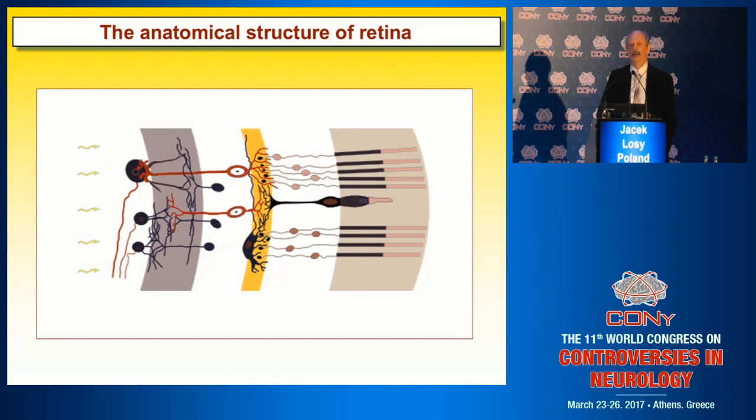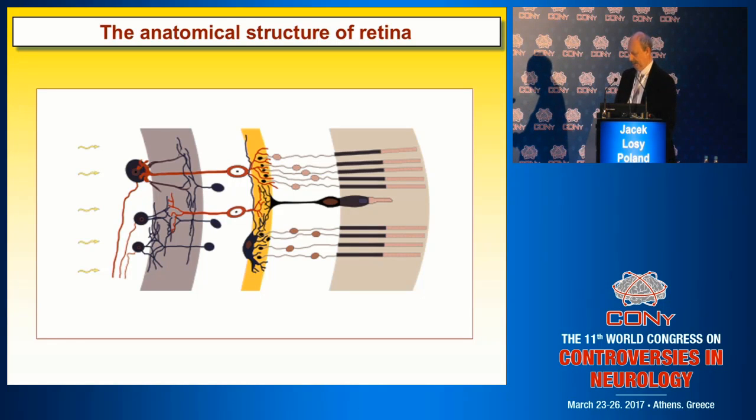Our vision is very complicated and many cells are involved. This slide was maybe not presented before. You see here on the right the photoreceptors, which are cones, responsible for color vision, and the rods responsible for vision at night.